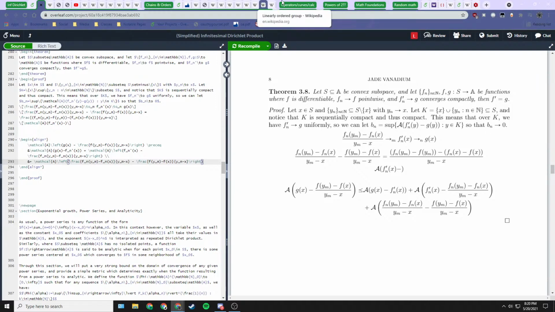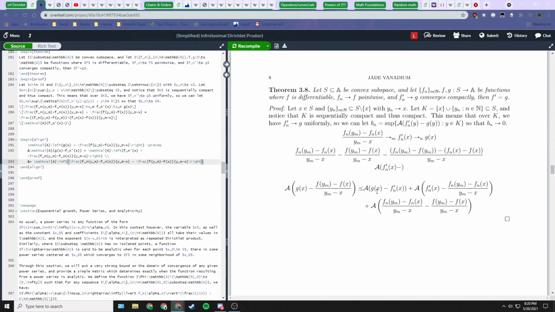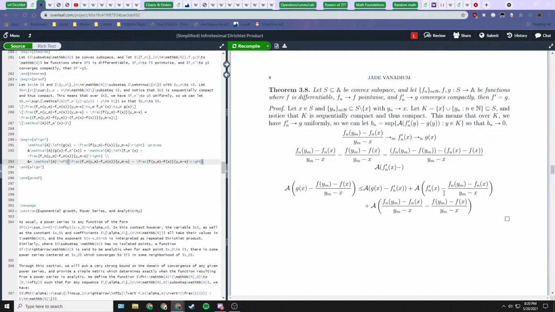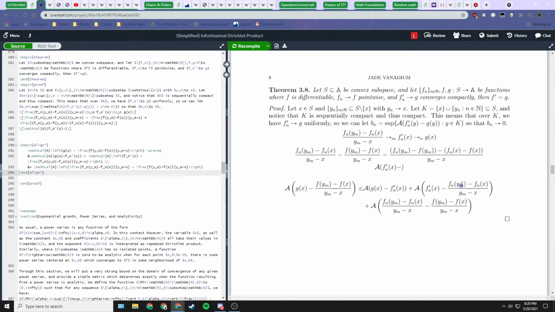Yeah, okay. In any case, this will go to 0 regardless of how we do it. This will go to 0 with n. No, this will go to 0 with m. And it'll also go to 0. No, it won't go to 0 with n, but it will go to 0 with m.